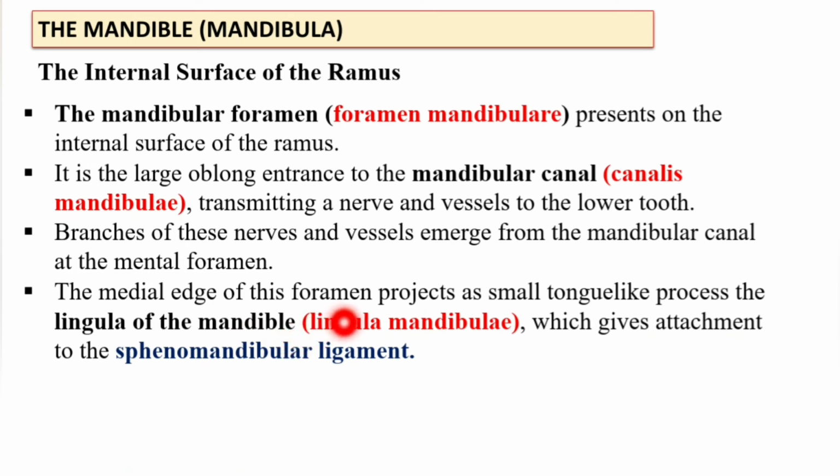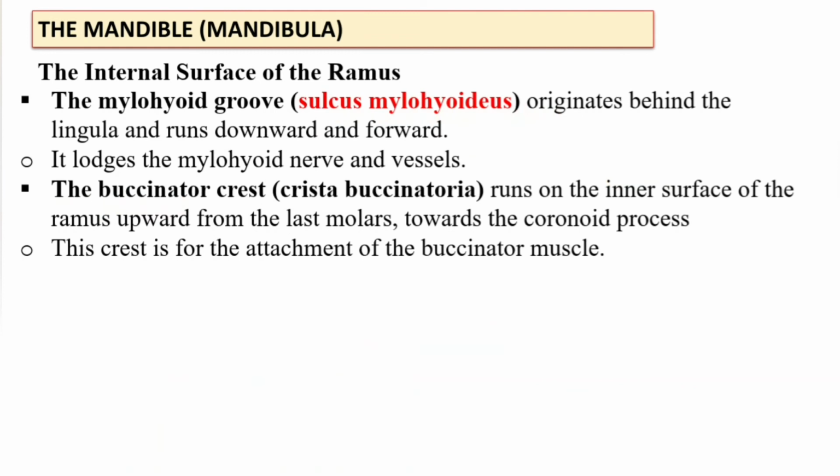This lingula gives the attachment to the sphenomandibular ligament. There is also a mylohyoid groove, sulcus mylohyoideus. It originates behind the lingula and runs downwards and forward. This groove lodges the mylohyoid nerve and vessels.